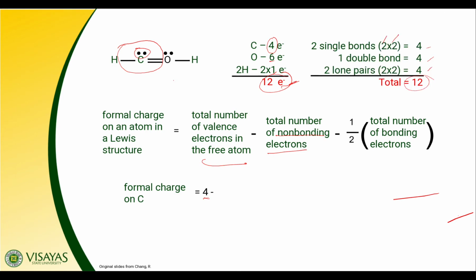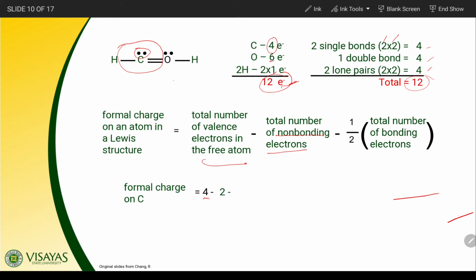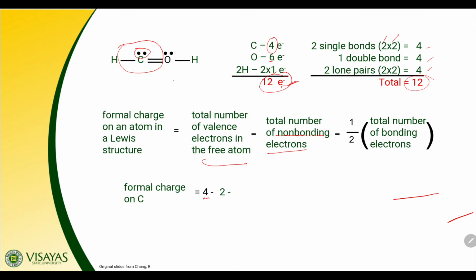Now for the number of bonding electrons. Bonding electrons are those electrons in a bond. Since carbon has 3 bonds here, and each of these bonds has 2 electrons, the total number of bonding electrons is 1, 2, 3, 4, 5, 6.